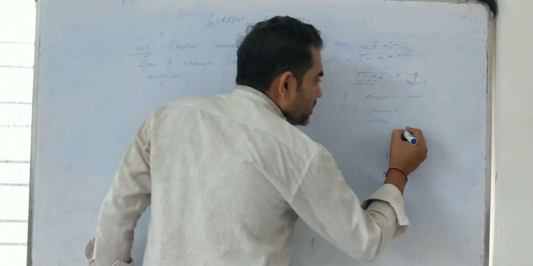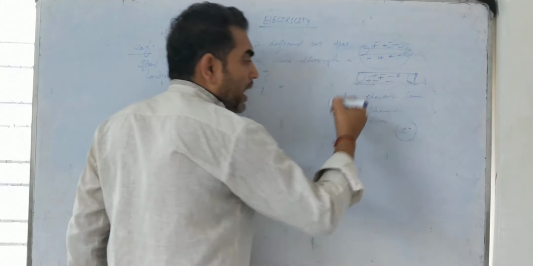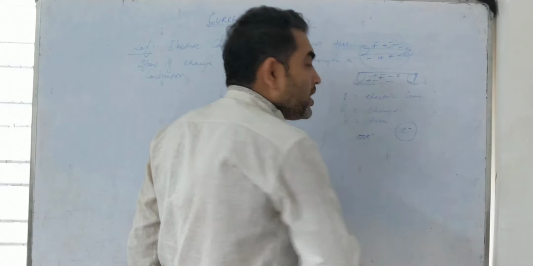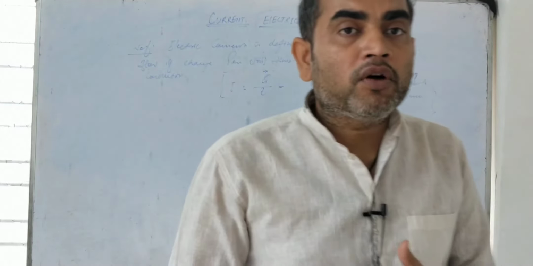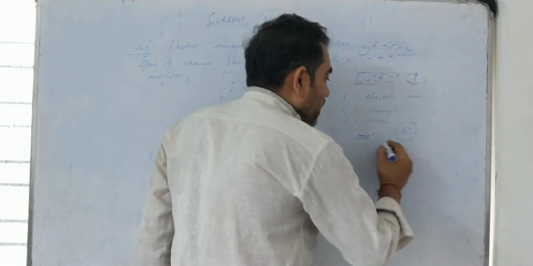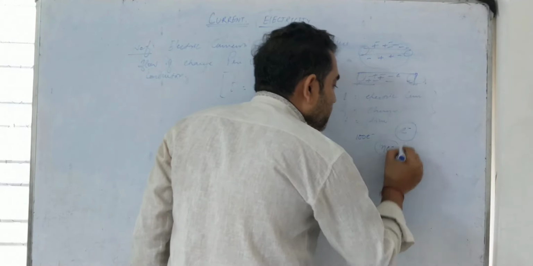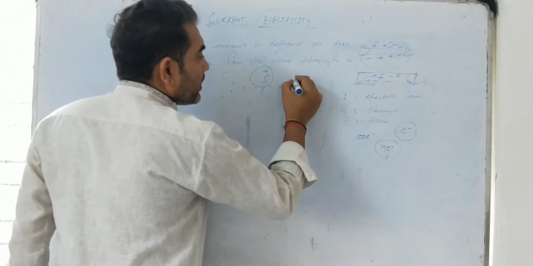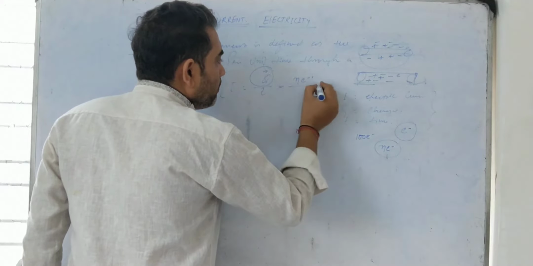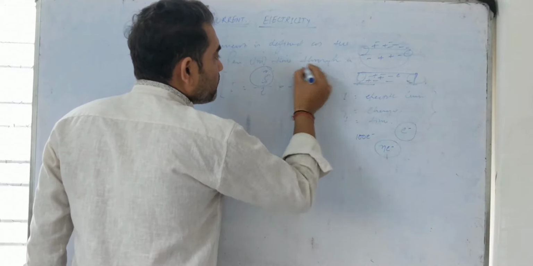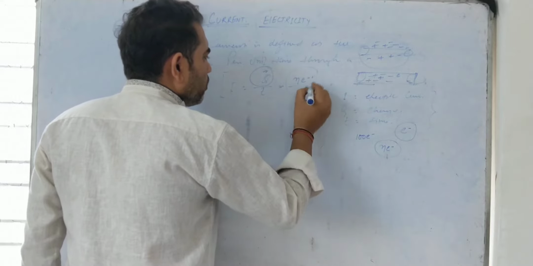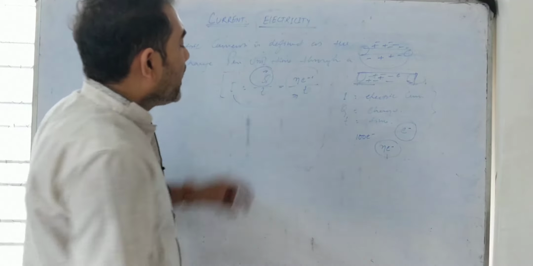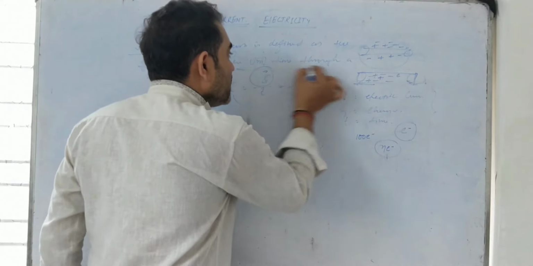One electron is represented as e, and if we have 100 electrons, it is represented as 100e. If we have an unknown number of electrons, it will be represented as ne. So the total charge in a conductor can be defined as ne by time, where for time we write T. So electric current in terms of electrons can be represented in this manner.